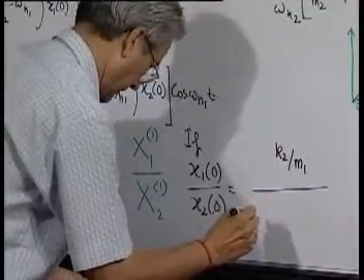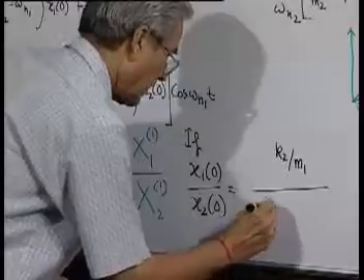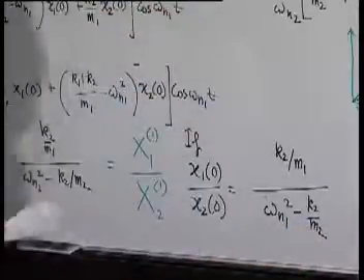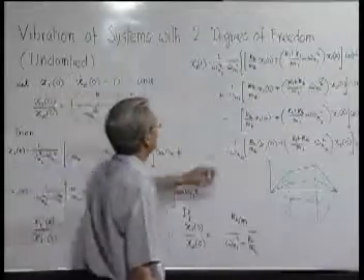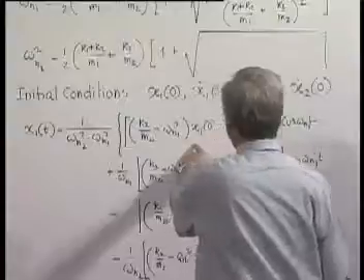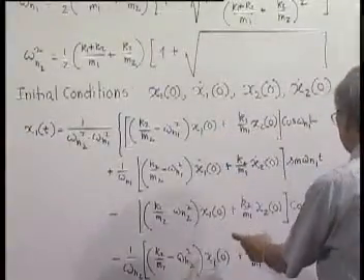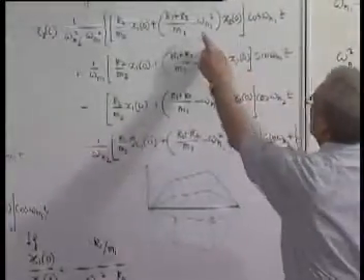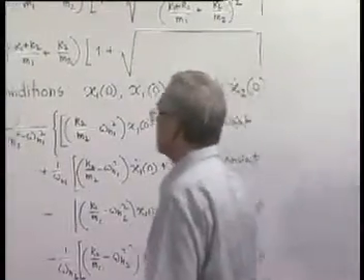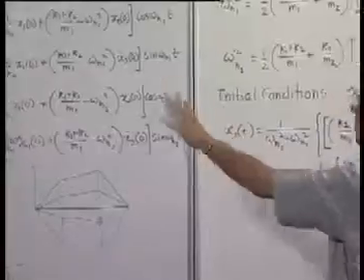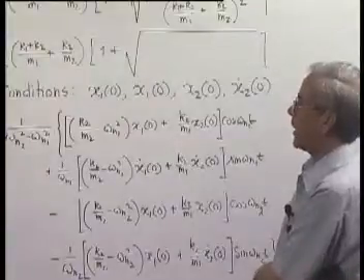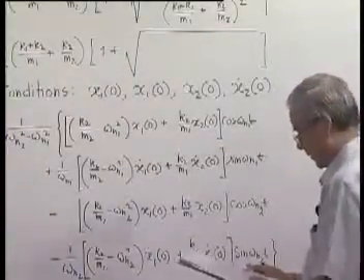There, if x10 by x20 we select as, then you will find that this term is 0 and this term will be 0.